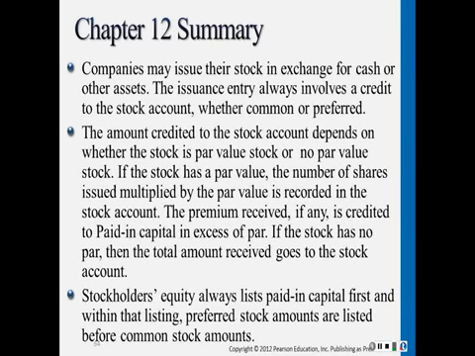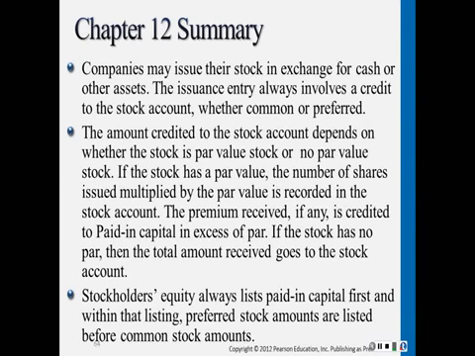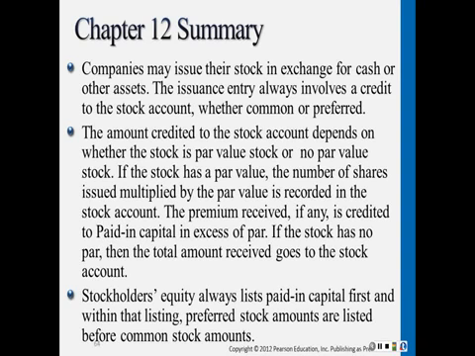Companies may issue their stock in exchange for cash or other assets. The issuance entry always involves a credit to the stock account, whether common or preferred. The amount credited to the stock account depends on whether the stock is par value stock or no par value stock. If the stock has a par value, the number of shares issued multiplied by the par value is recorded in the stock account.